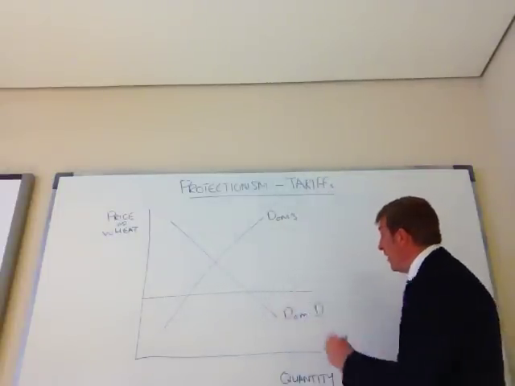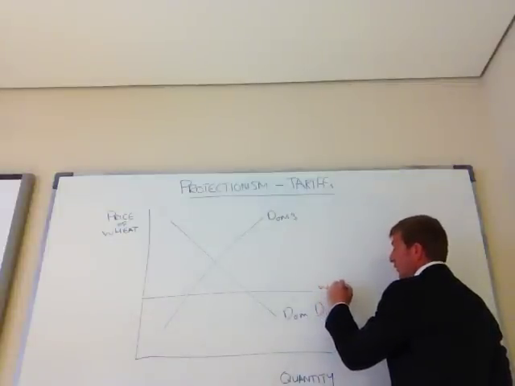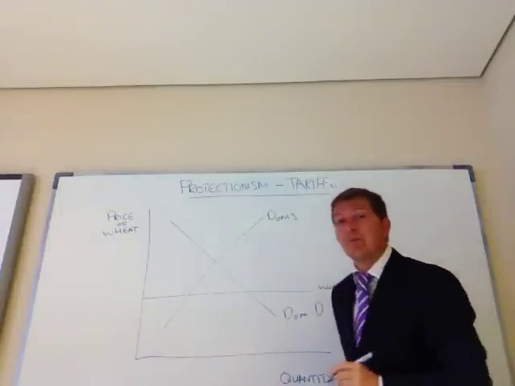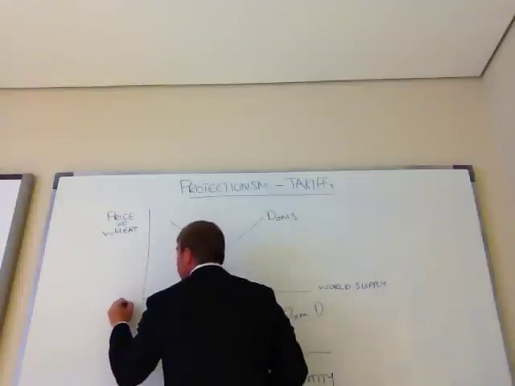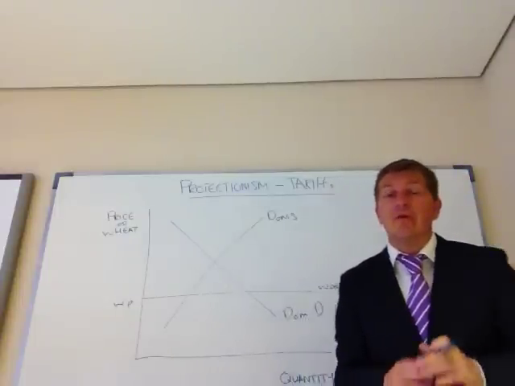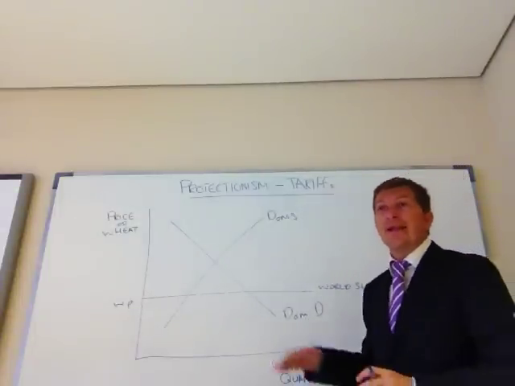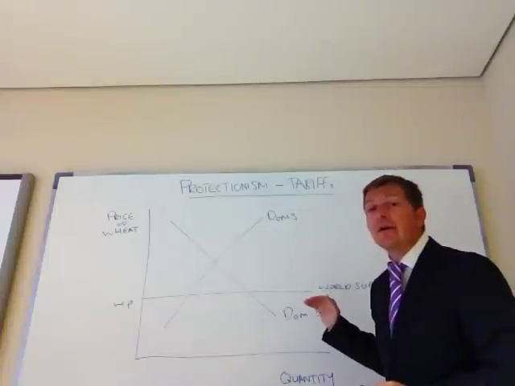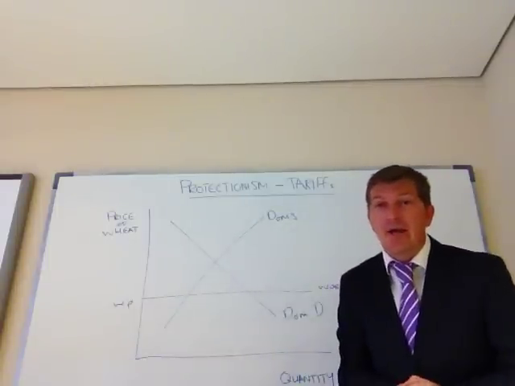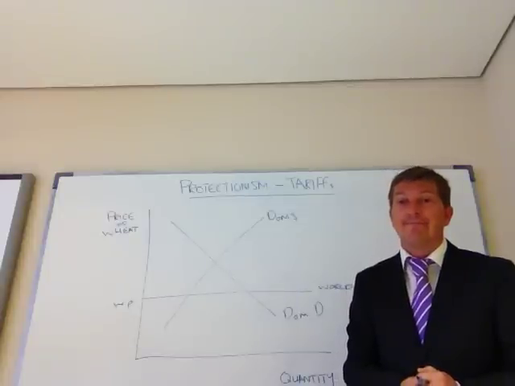So we have here world supply, and here WP. WP is the price offered on the world market, and it is significantly lower than the price offered by the domestic market in this economy.